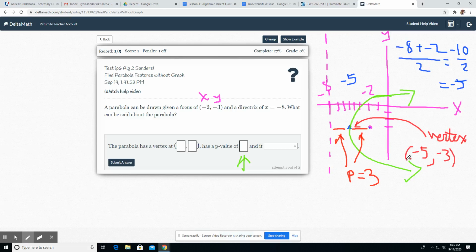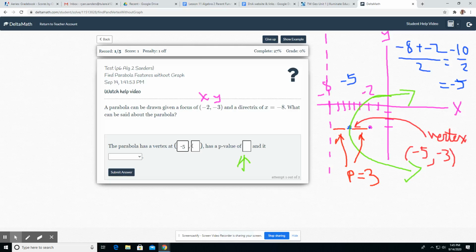All right, that should be everything we need for this one. The parabola has a vertex at -5, -3. The p-value is 3 units, and it is opening to the right. The open side is facing to the right.